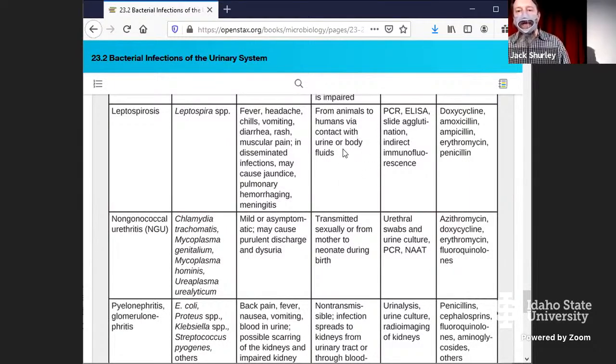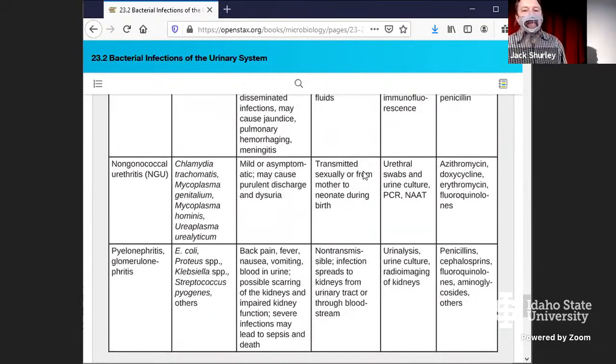So coming in contact with animal or human urine, but usually it's animal urine. So more antimicrobials, we can do PCR or antibody testing with that.